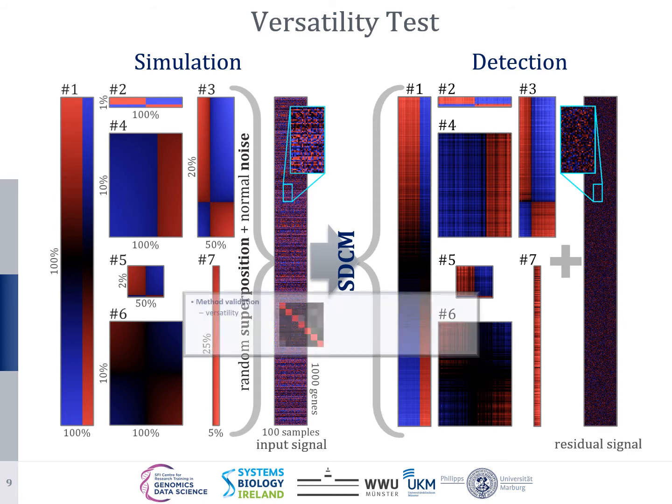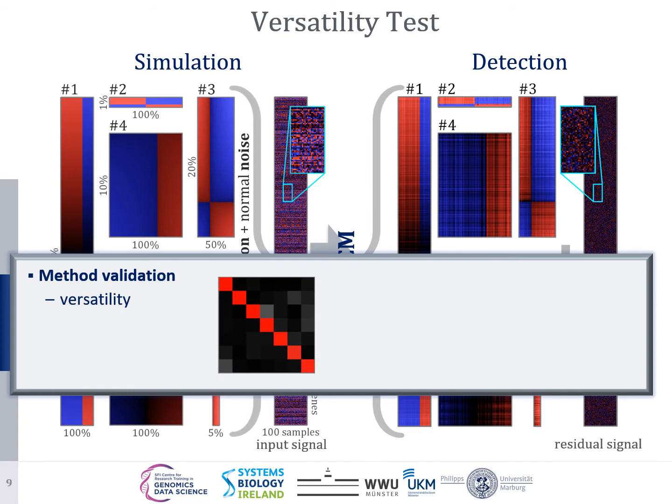And to quantify detection quality, I use such correlation matrices, and the red diagonals mean a high detection sensitivity, and the black off diagonals mean a high detection specificity.